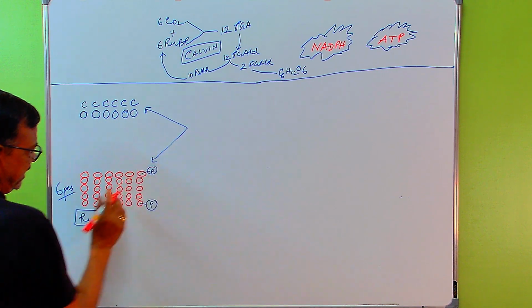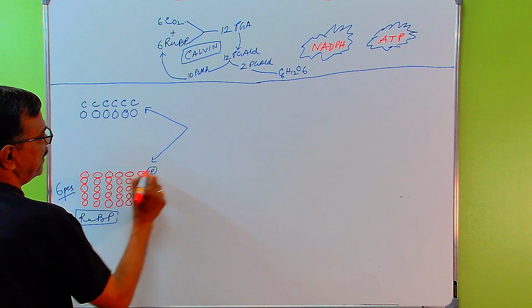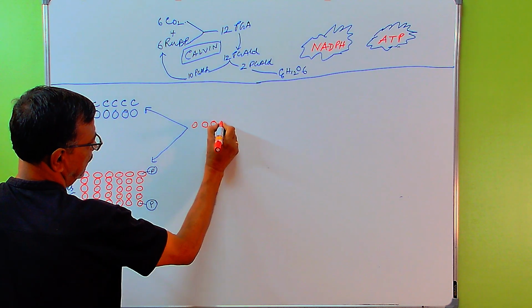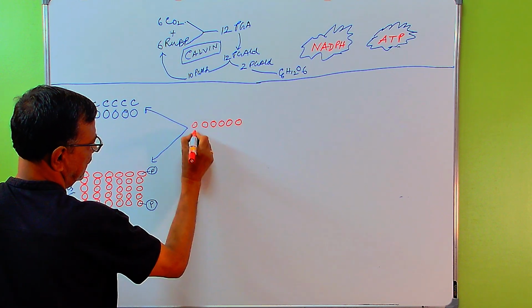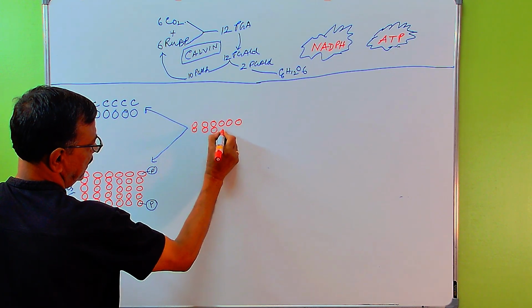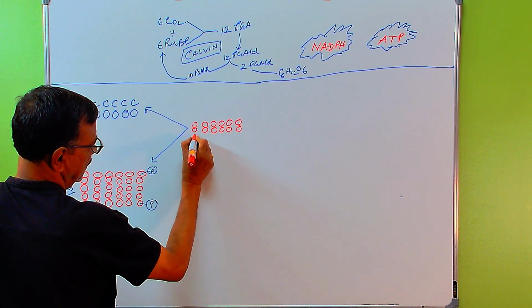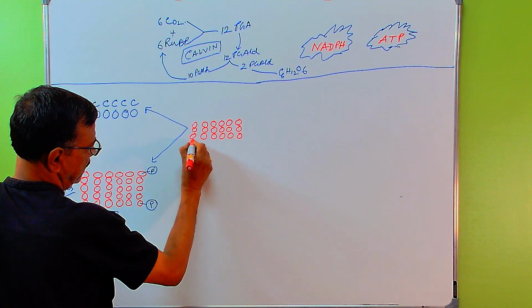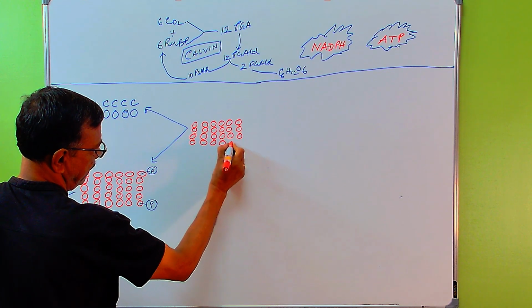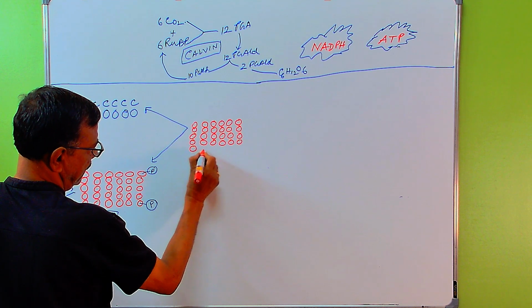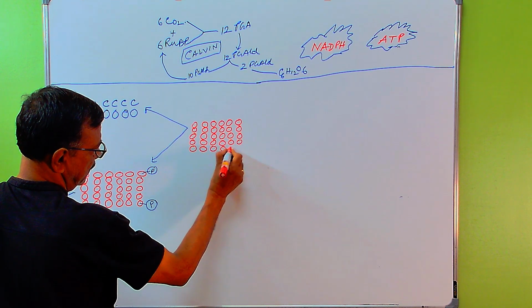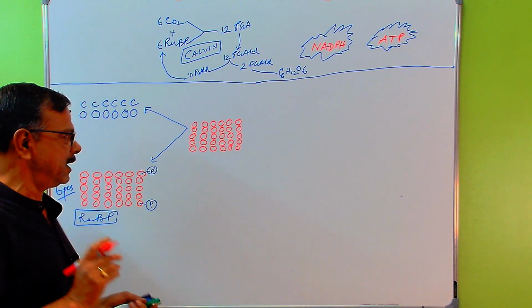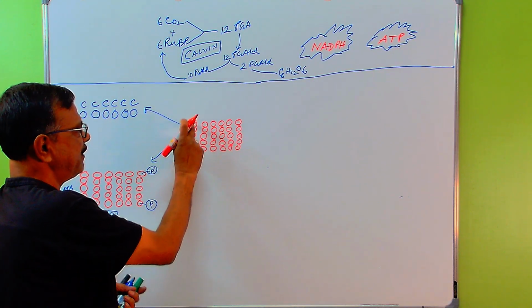So I have to write it again: 1, 2, 3, 4, 5, 6, six times. It is becoming a little bit boring, but it will be interesting in future.